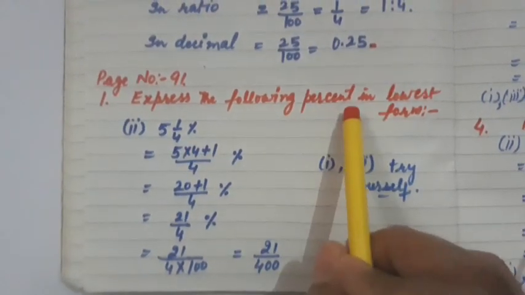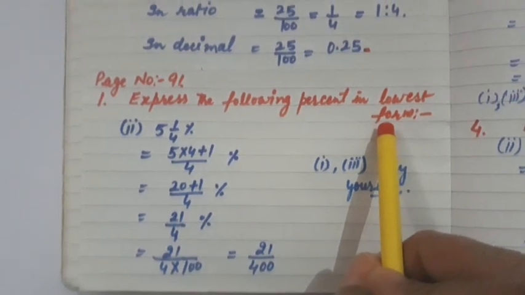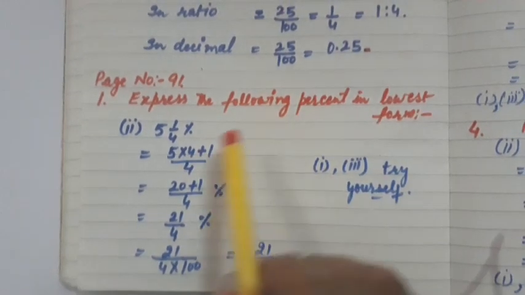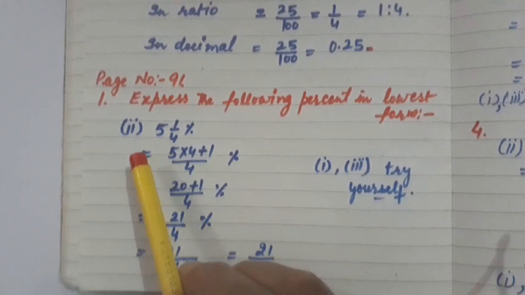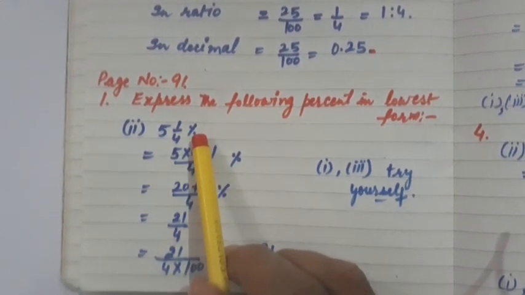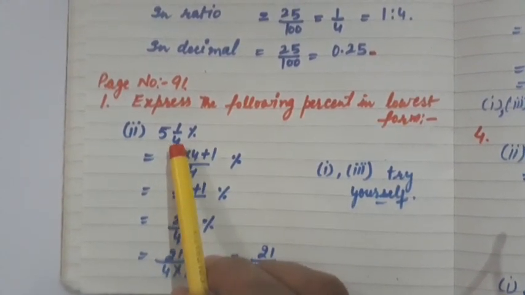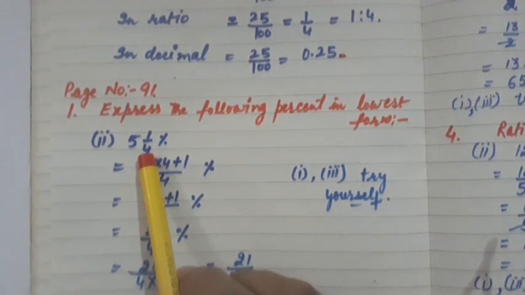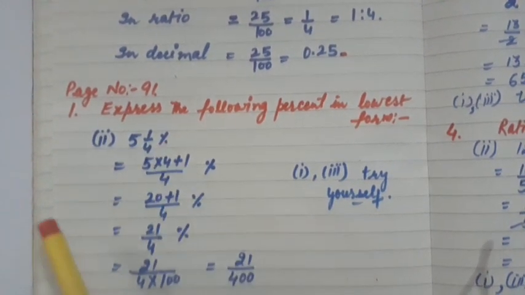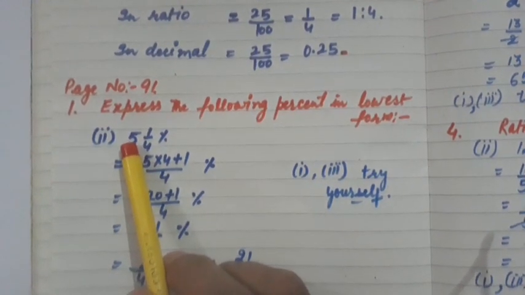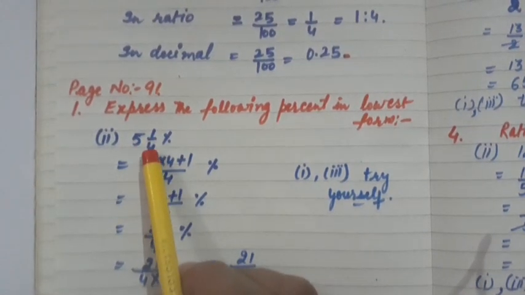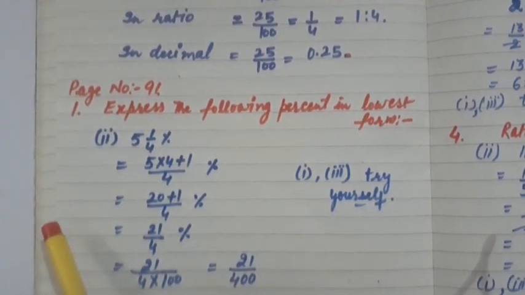Express the following percent in lowest form. First part is done for you. We are doing the next part. Second part is 5 and 1 upon 4%. This is given as a mixed number in the form of percent. 5 is the quotient, 1 is the remainder and 4 is the divisor.